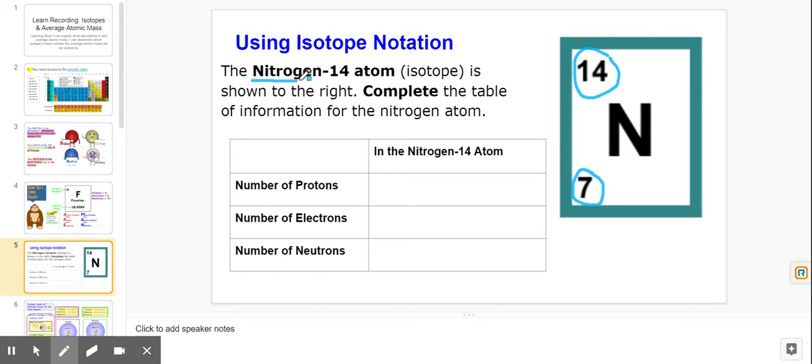Another way is in a sentence or in words, you will see a number after the name of the element. When you see that, 14 means that's the mass number of the isotope. So you will often see it written like that. That means you're not going to go to the periodic table and find the average atomic mass and round it. You are going to use this for the mass number.